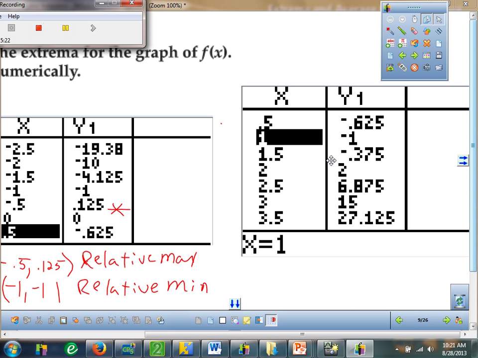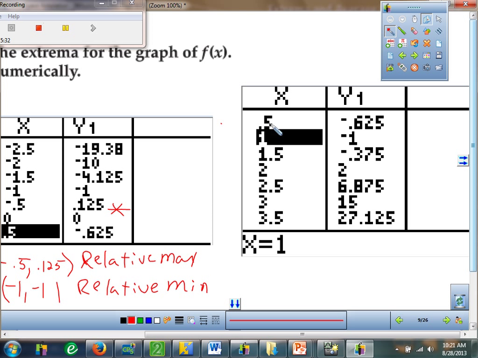Now over here I've listed the table values as well. You notice as we got to 0.5, we're going up to 1. We hit 1 and then we are at -1. Then all of a sudden these numbers start getting bigger over here. So that's why -1 is a relative min.